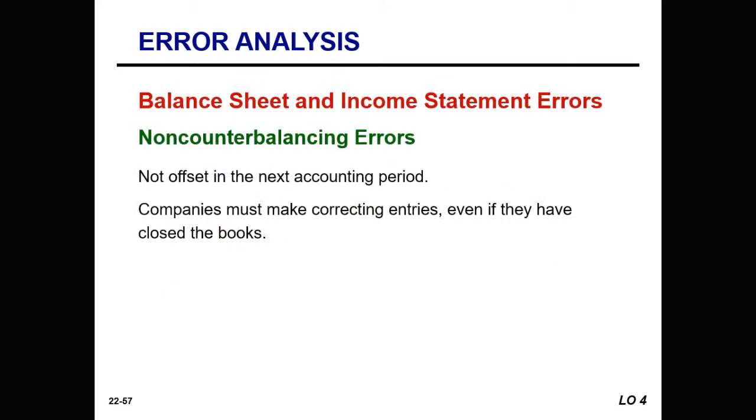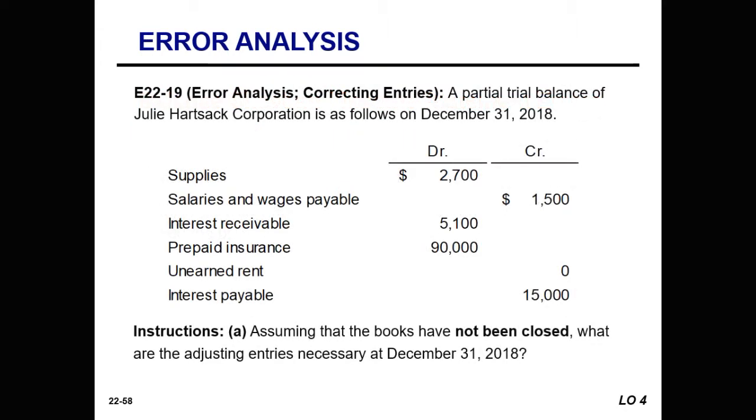Some examples of non-counterbalancing errors: a failure to record depreciation, recording a depreciable asset as an expense, recording the purchase of land as an expense, recording the discount on bonds as an interest expense in the year of issue. Companies must make the correcting entries even if they have closed the books.